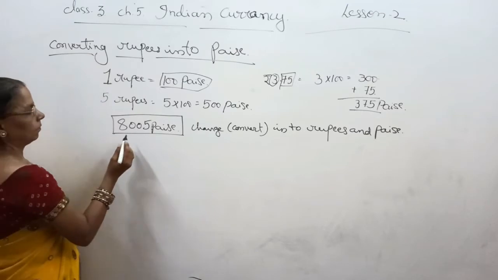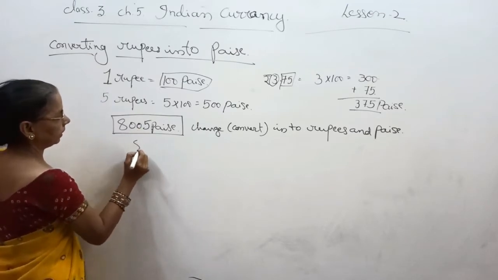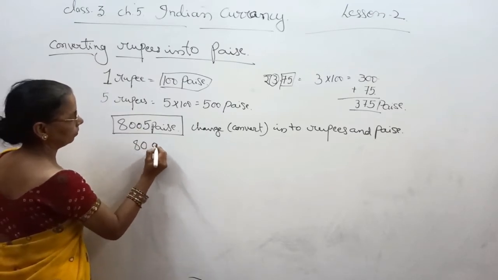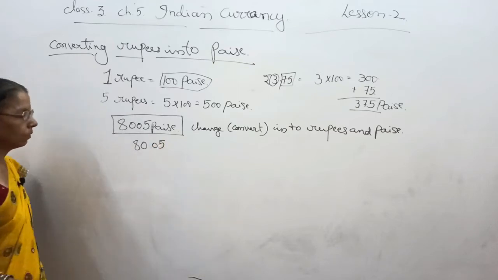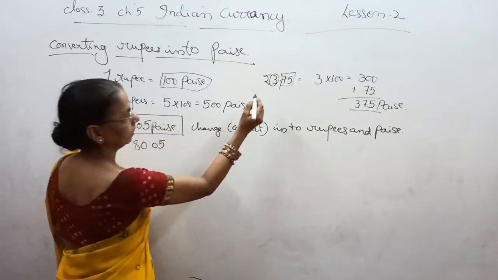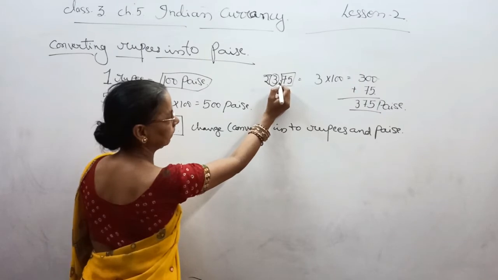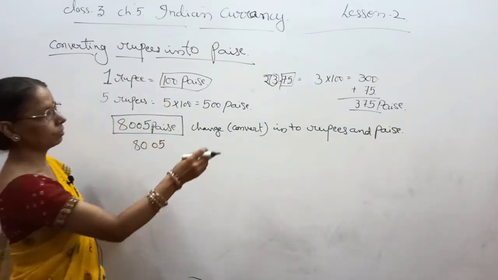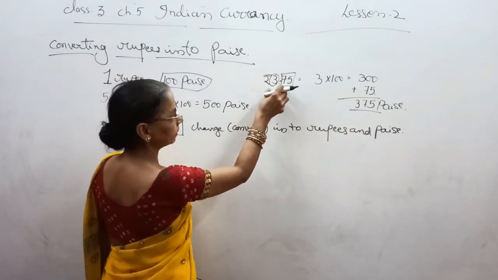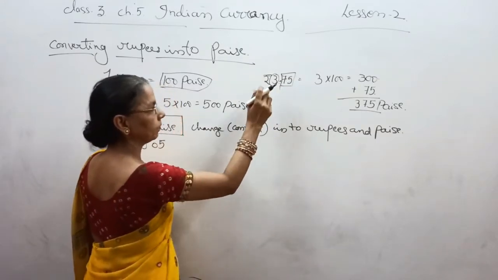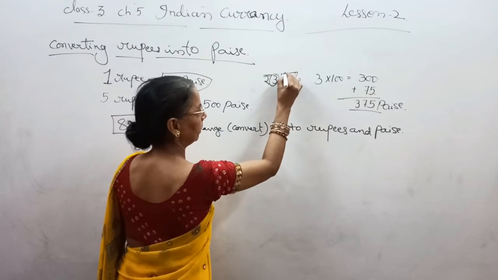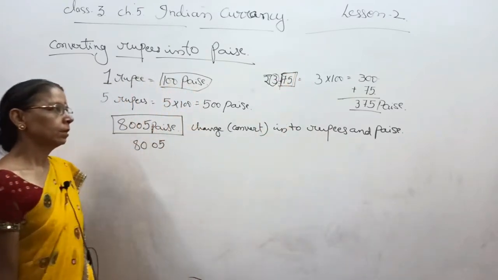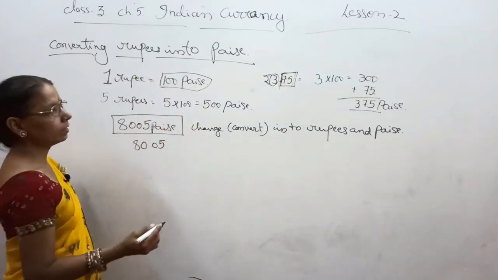Simply, after 2 digits from the right, we have a point. Already we know that after 2 digits we have a point because the paise are always in 2 digits.